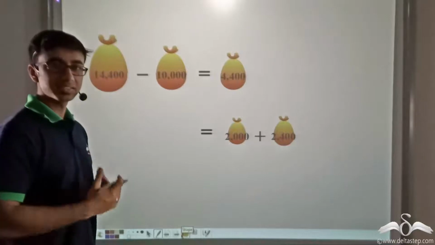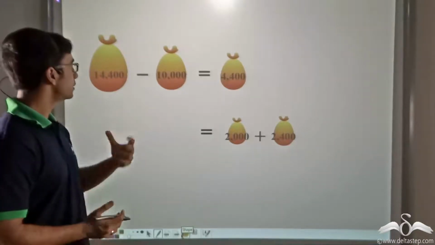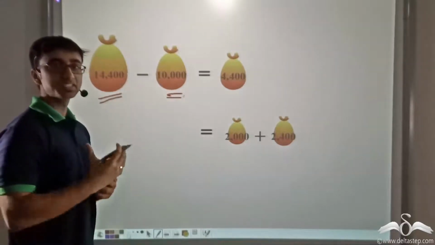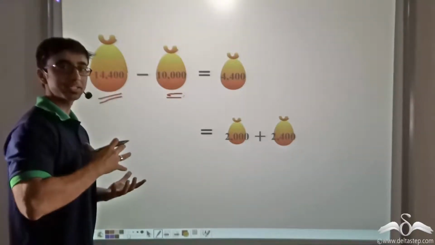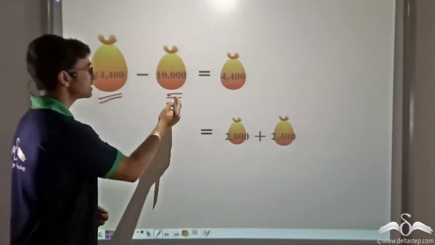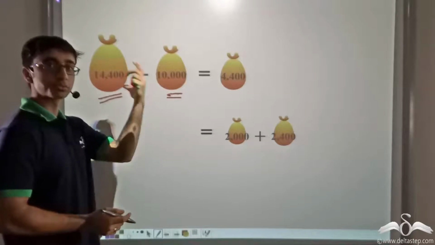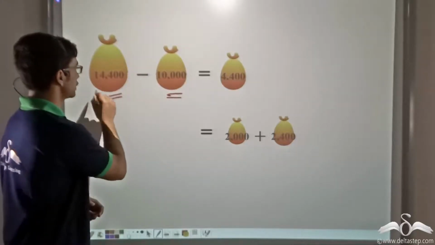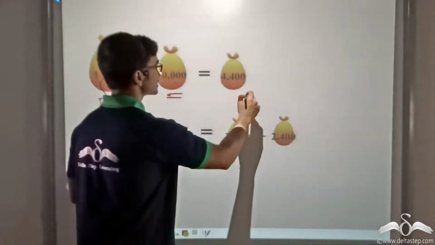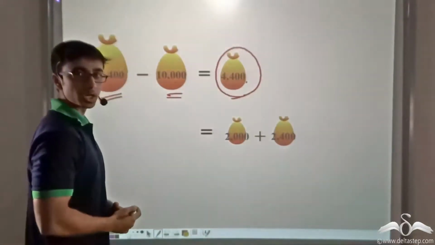So how can we calculate the compound interest? The compound interest is nothing but what we get if we subtract the original sum that was borrowed from the total amount of money that has been returned after a given period of time. In this case, 14,400 minus 10,000, which gives us 4,400.